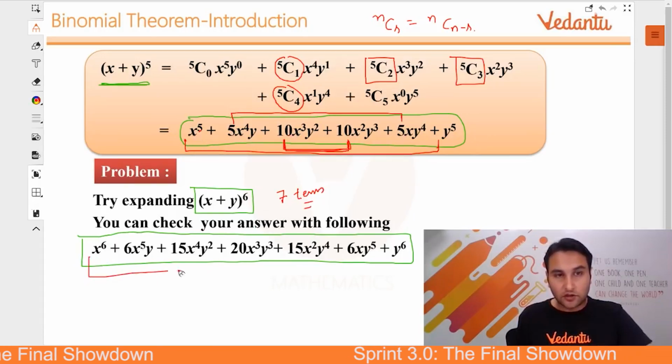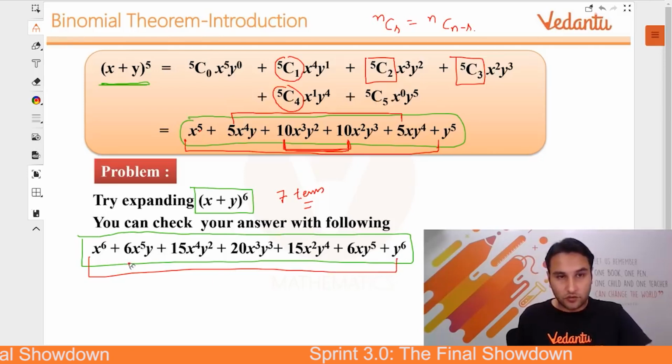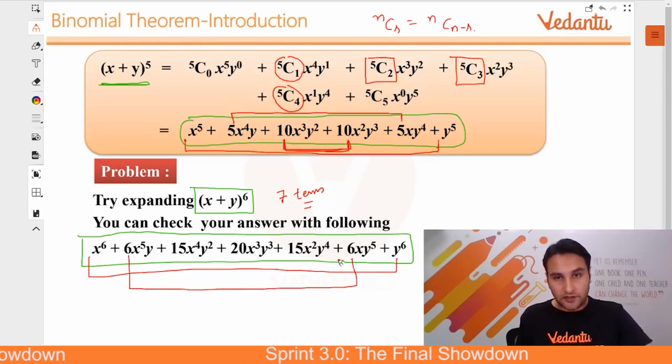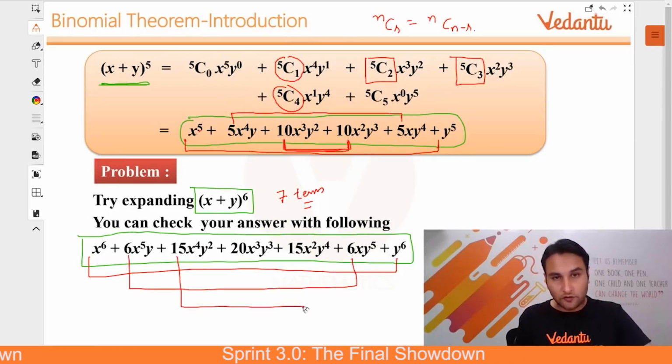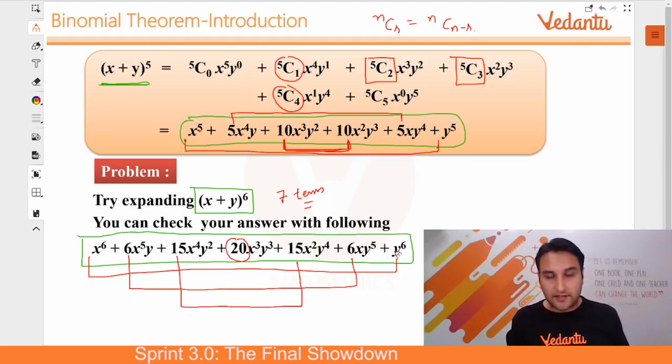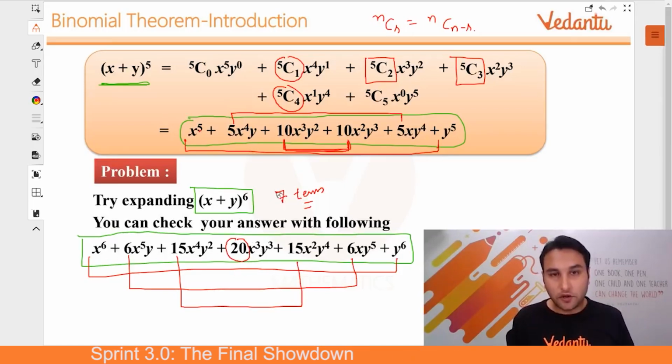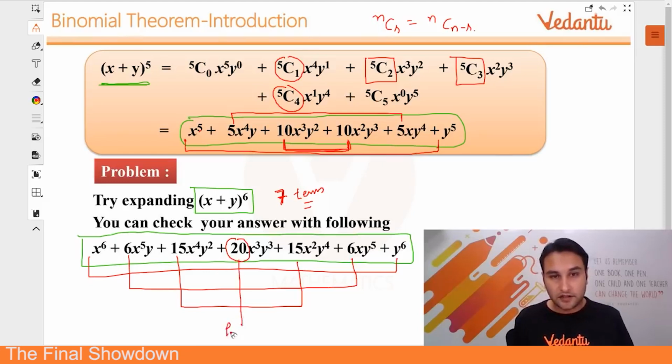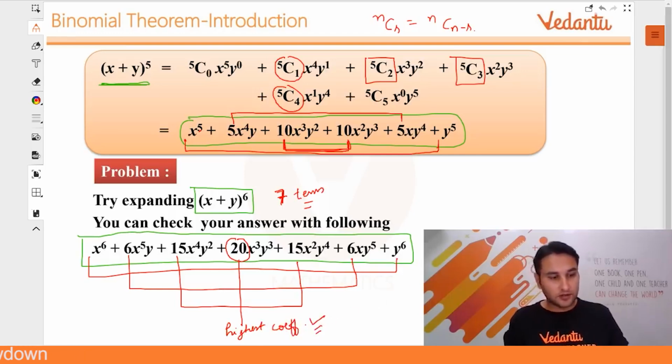Again note the coefficients of these two, these two, and these two are always equal if the number of terms is odd. Then the binomial coefficient of the middle term will be the highest. This will be the highest coefficient. Just some observations here, nothing special. Make sense?